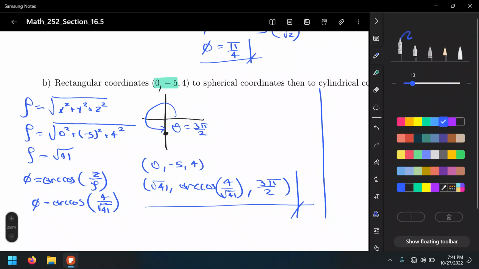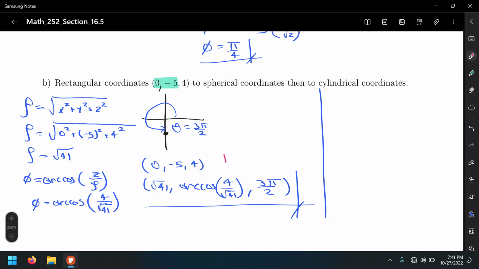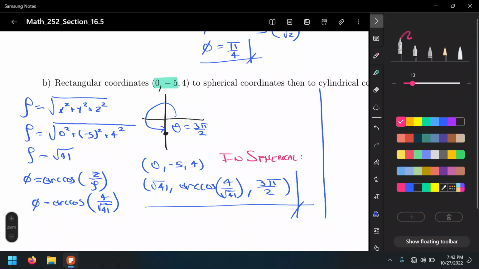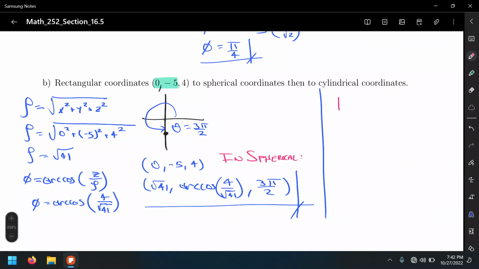Let me label this as in spherical and in cylindrical.